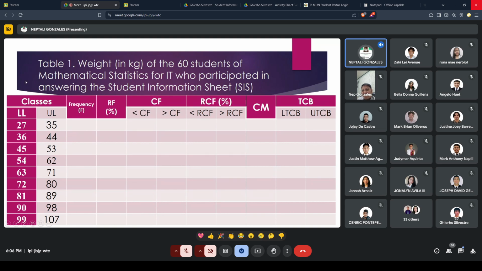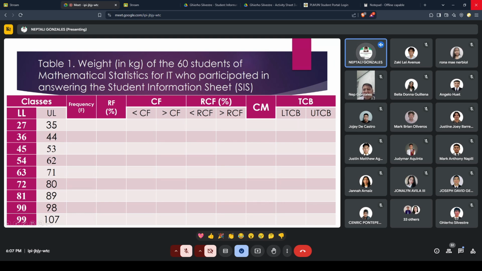So meaning, from the given data, we will count the next, which is the frequency. We will count the data, how many are falling or included in this range from 27 to 35. What is the frequency? From 36 to 44, what is the frequency? That's why it's grouped quantitative data, because they are grouped.